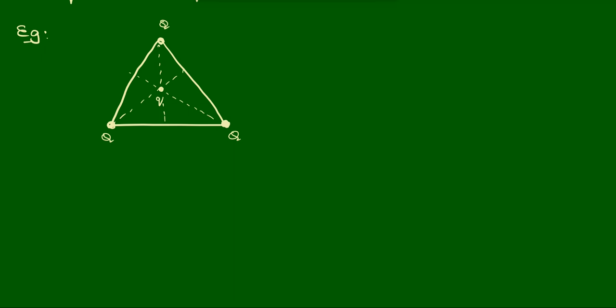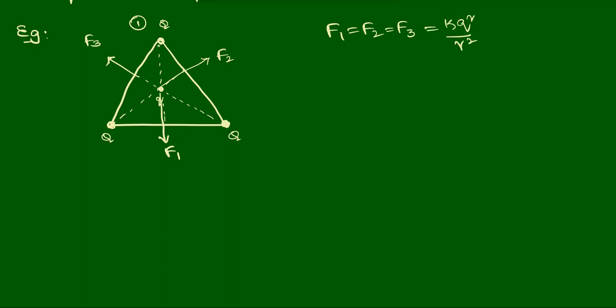So what is the net force on this charge? Due to the first charge, that force, all the corners will be at the same distance, and this force will be in this direction F2, and this force will be in this direction. So all forces are of the same magnitude. So F1 will be equal to F2 will be equal to F3, that is kq square by r square, where r is the distance from any corner to the center.